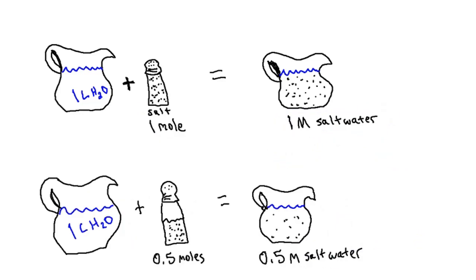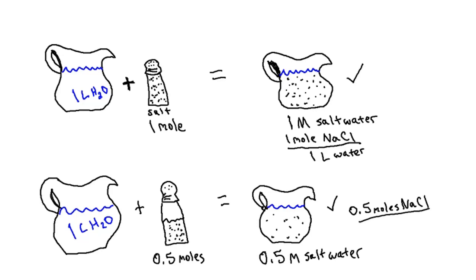So if we have 1 molarity of salt water in this top one, that just means we have 1 mole of salt, which, table salt is NaCl, sodium chloride, and we put it in 1 liter of water. On this bottom one, we have 0.5 molarity salt water, so that just means we put 0.5 moles of salt in 1 liter of water.